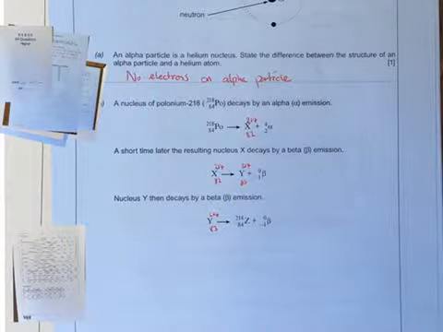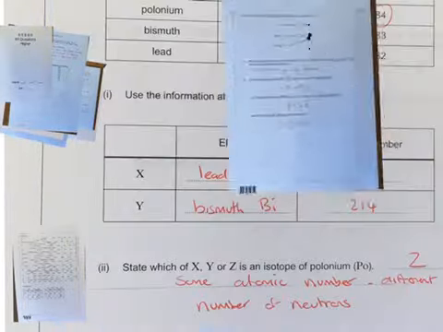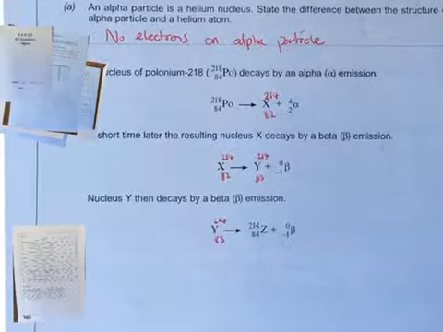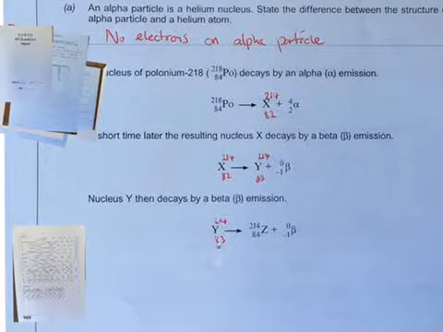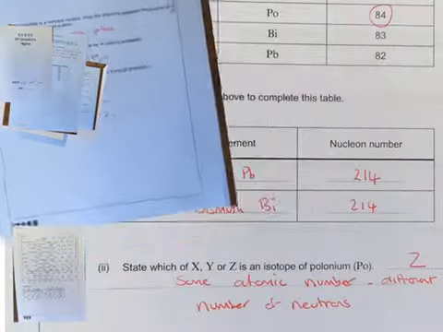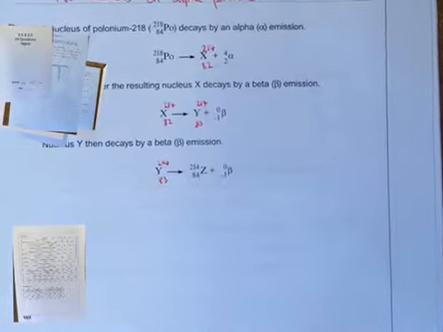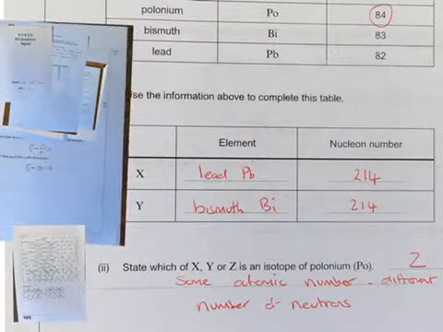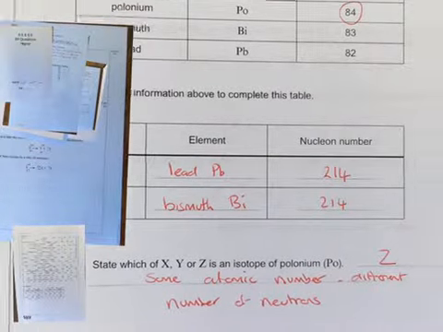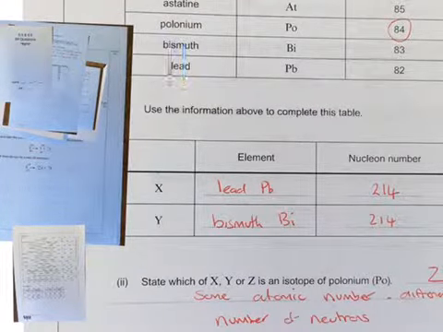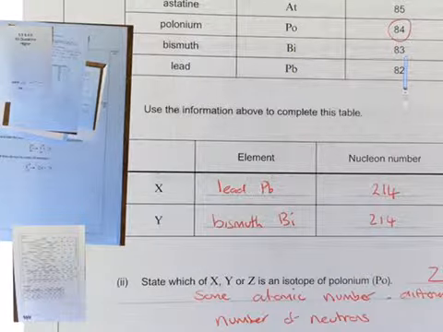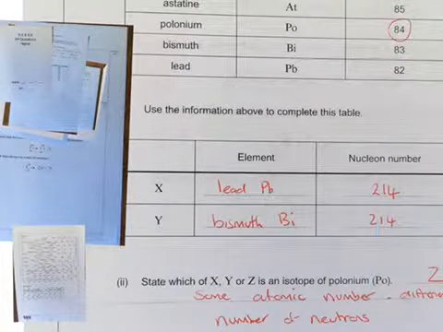And it's soon going to ask me about Y. So Y has got a nucleon number of 214 as well, because it was beta decay, and it's got a proton number of 83. So 83 is this one by here called bismuth, Bi, 83. And that's where I got those from.